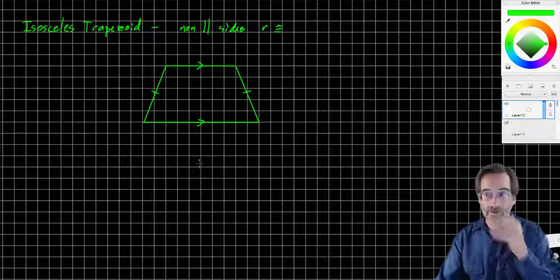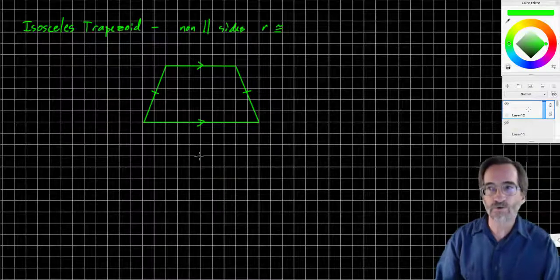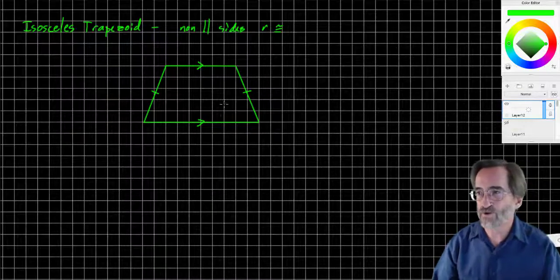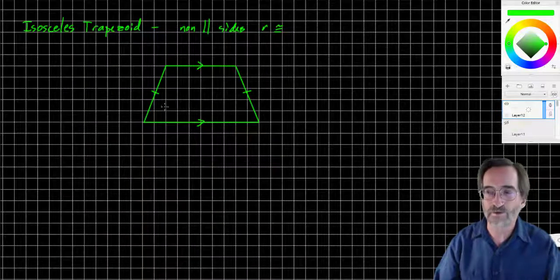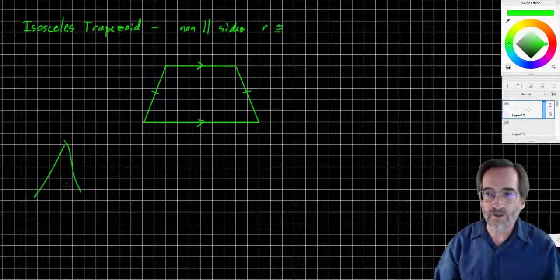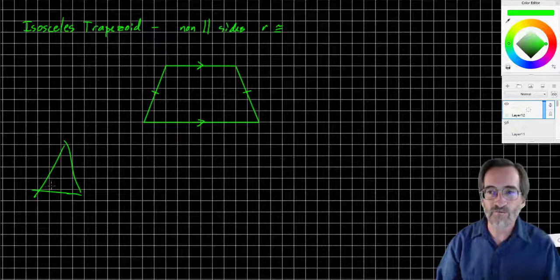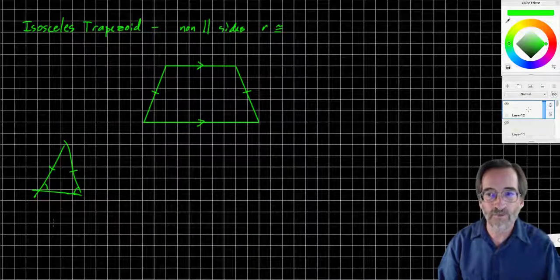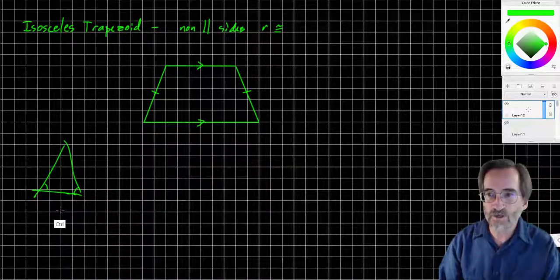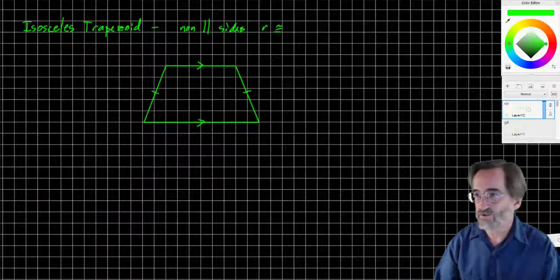Okay. And there are some other properties that are true about an isosceles trapezoid. In an isosceles triangle, back in last semester, you would have learned that the base angles are congruent. Well, that's actually true here as well. But we have two pairs of base angles.